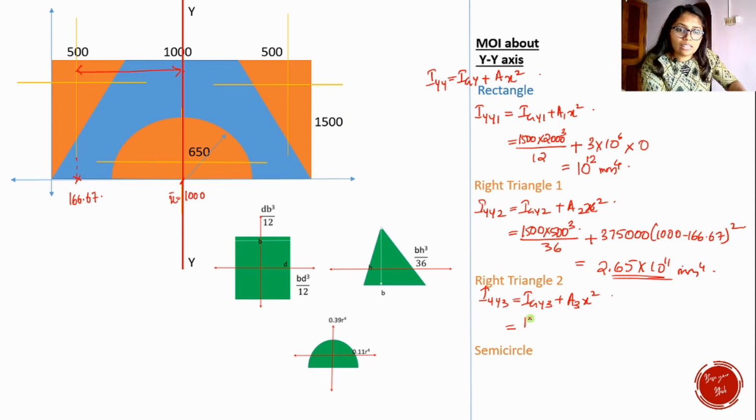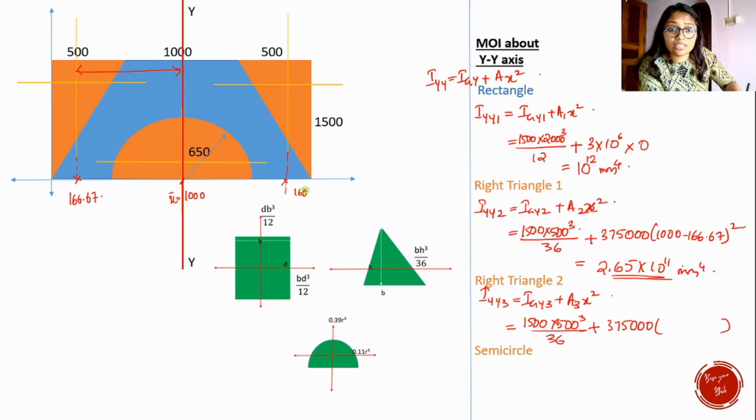So it is 1500 into 500 cube divided by 36 plus area, just the same 375,000. And what about the x? The x value is the distance of separation between this yellow line and red line, and here we know again it is 166.67, but it is taken from the right side.